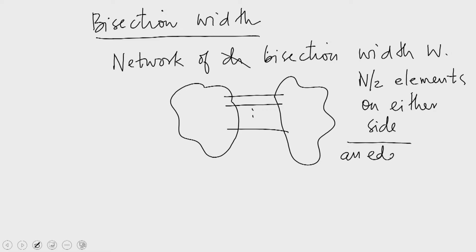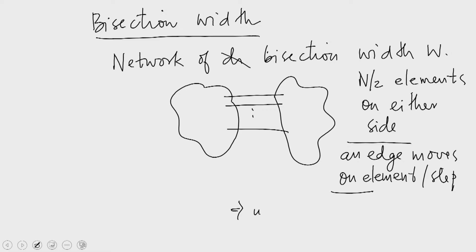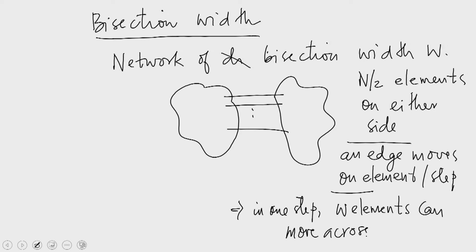We assume that an edge moves one element per step. This implies that in one step w elements can move across the bisection. But then we have a total traffic of n to be transported.